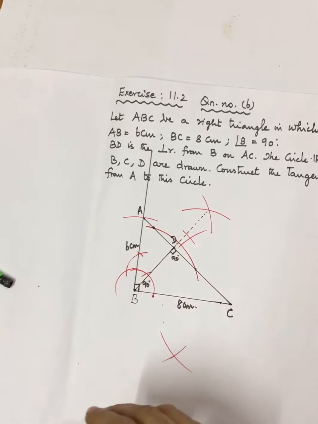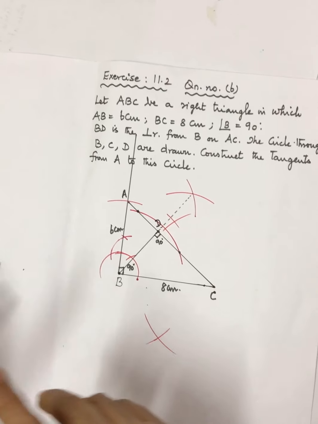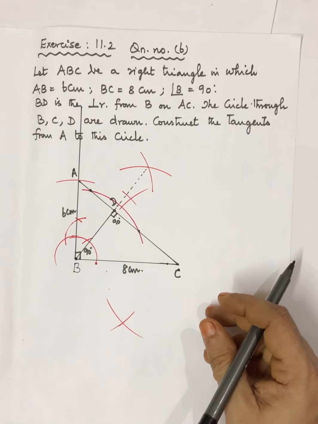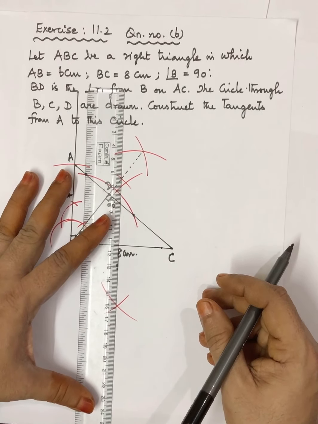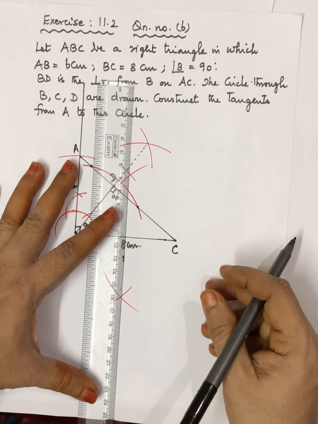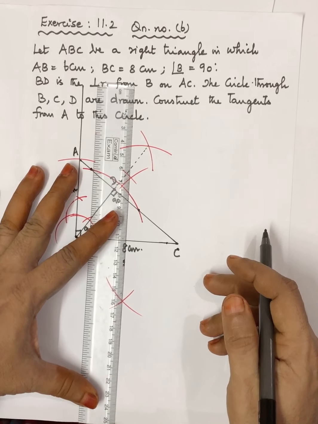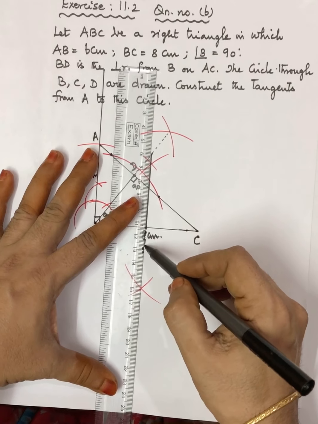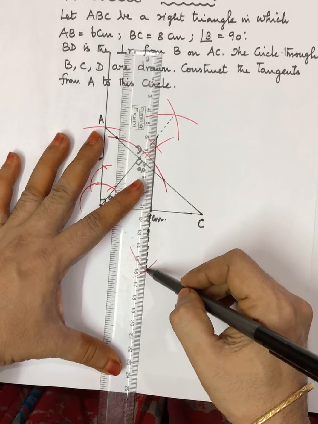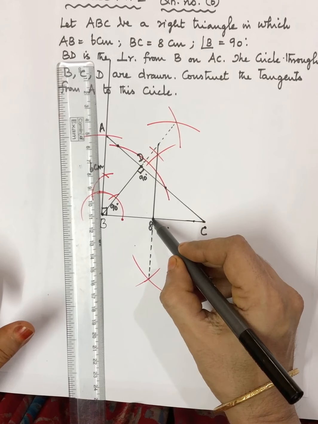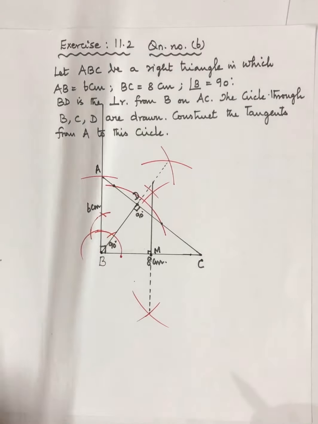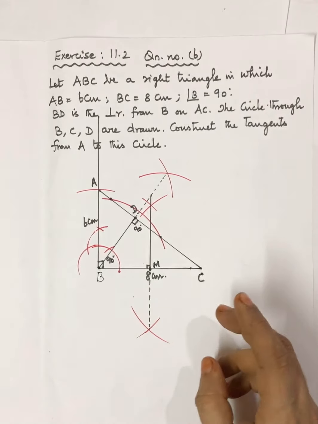To find the midpoint, I am trying to draw the perpendicular bisector of BC. So, using the scale, you try to draw. Only this point I want. Name it as M. It is the midpoint of BC.